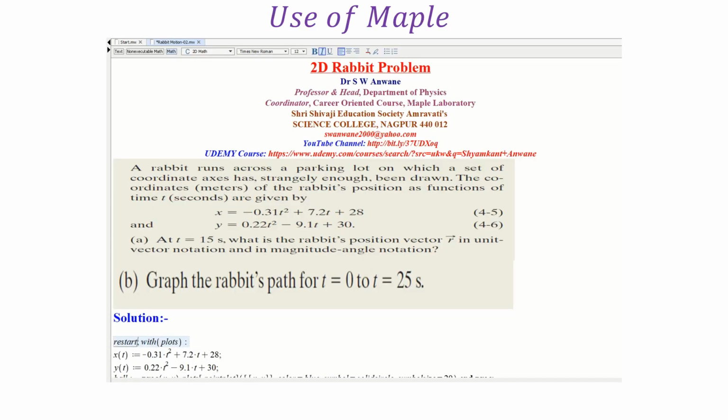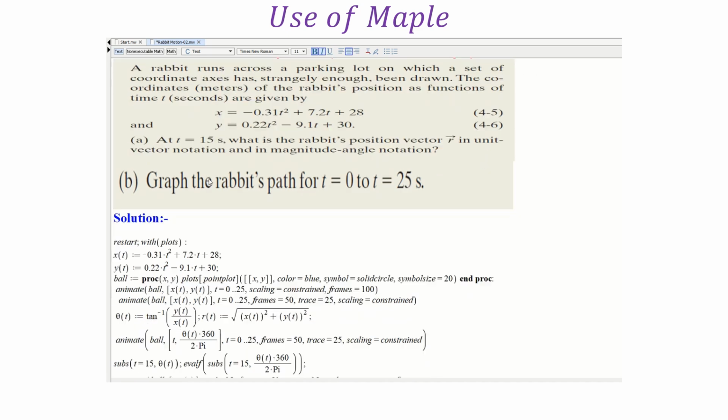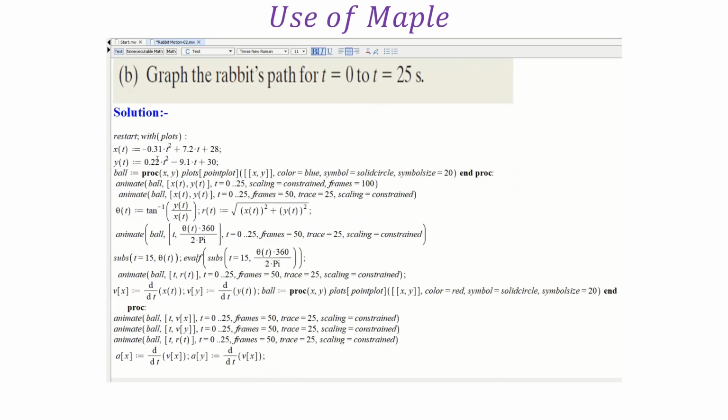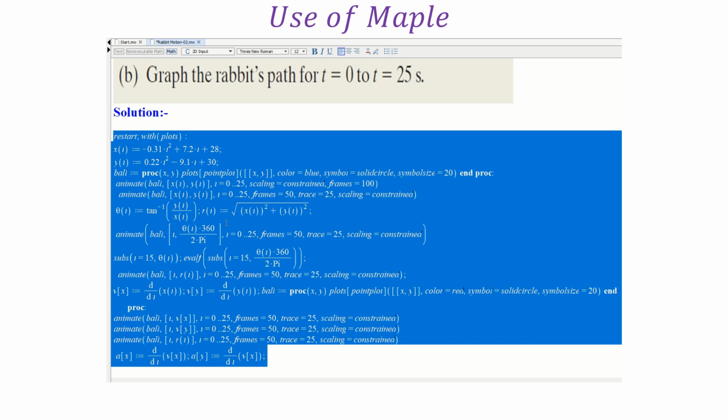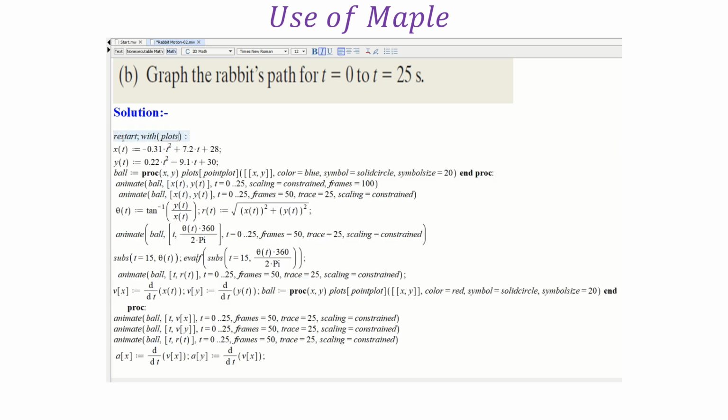Now I would like to explore the features of Maple animation to solve this problem and realize what is happening. Here I have loaded Maple 2022 for this 2D rabbit problem that we are discussing. The statement of the problem, if you like, you can pause and read, and for the solution I have written these many commands. I'm going to execute them one by one.